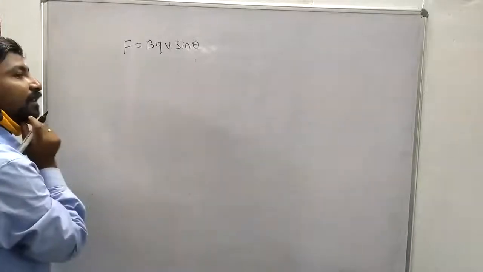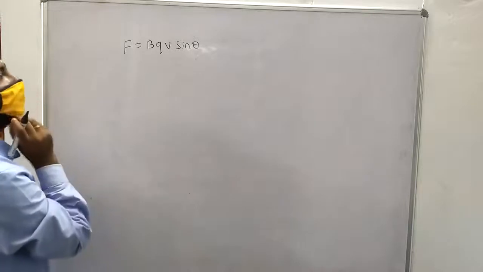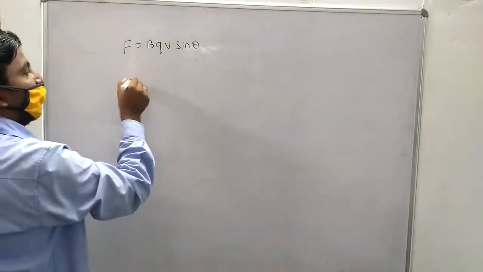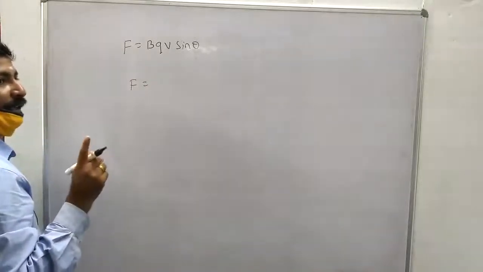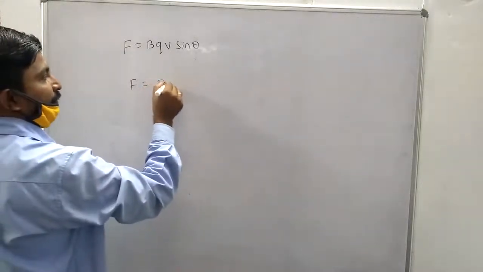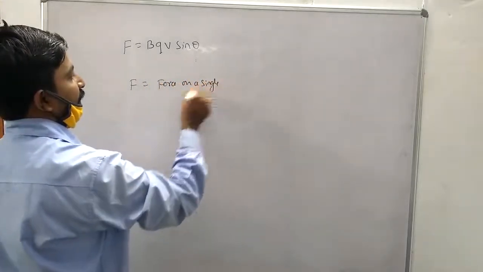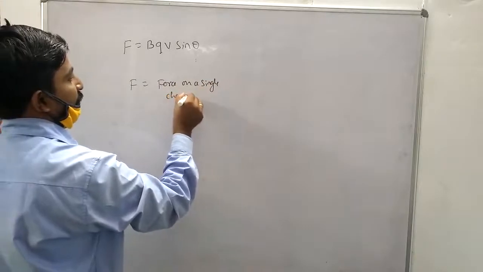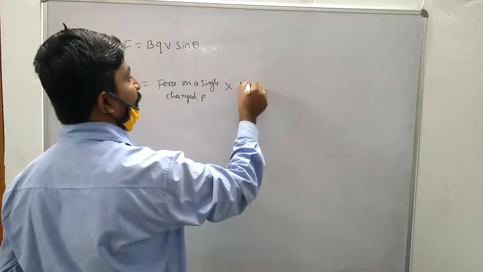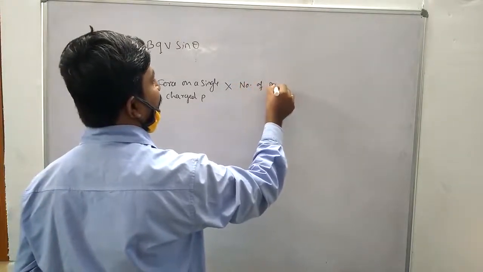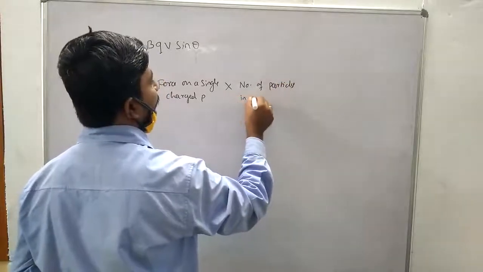Now what happens is, the force experienced by the conductor. What does that mean? F is equal to the force on a single charged particle into the number of particles in the conductor.